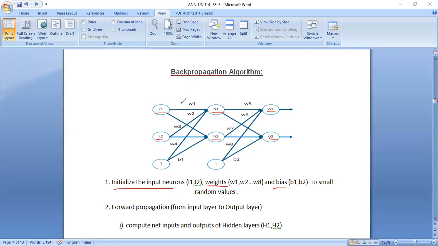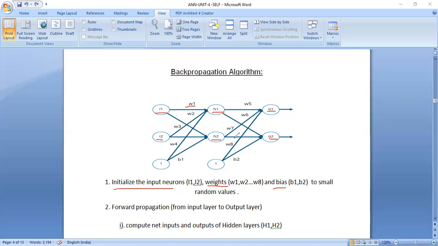This network has each and every signal with its own weight, represented with the corresponding weights. Those weights are represented by W1, W2, W3, W4, and W5, W6, W7, W8.